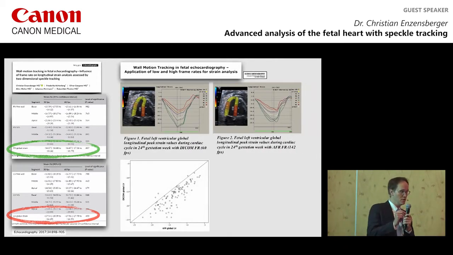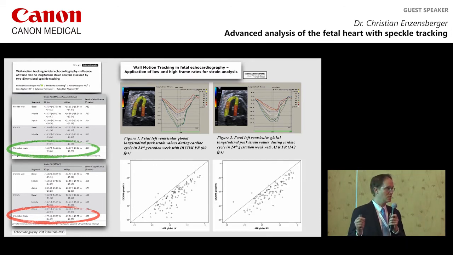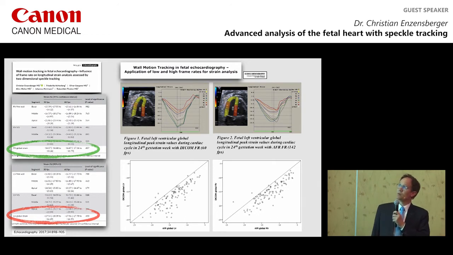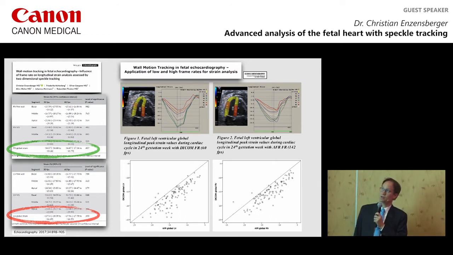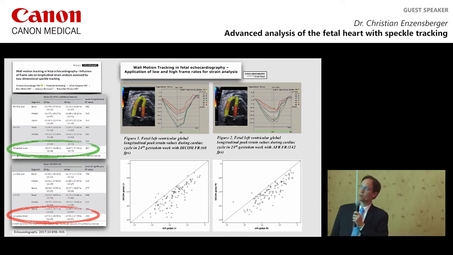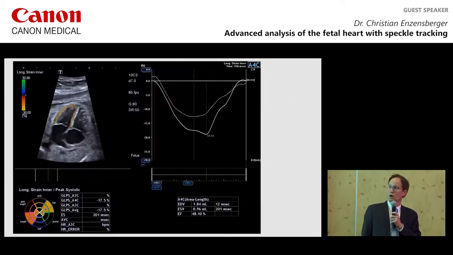This is the frame rate your ultrasound machine offers you. It's not the one you get at the end when you are saving your clip. And here we could see that there is definitely a difference between your very low frame rate on the one hand and your acoustic frame rate or original frame rate on the other hand.